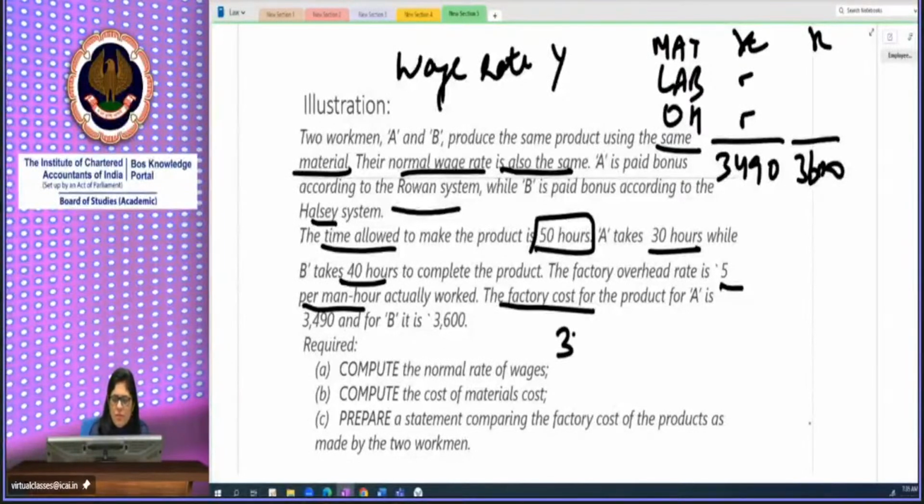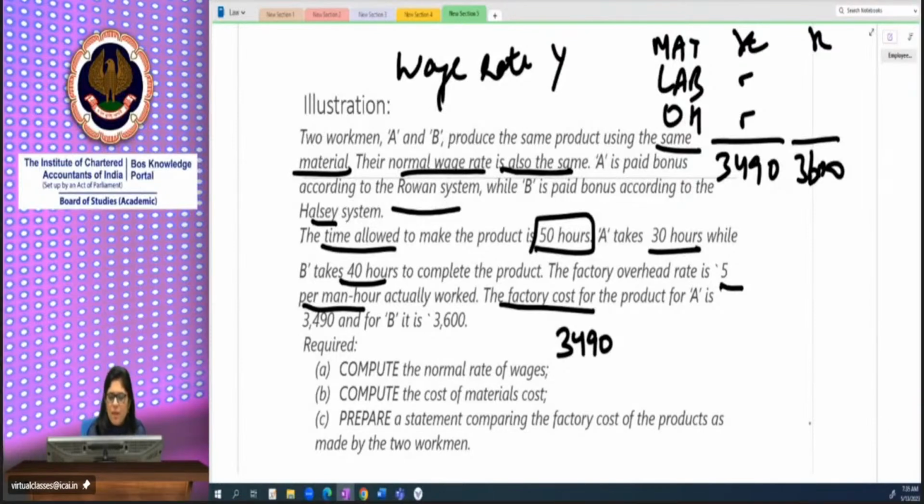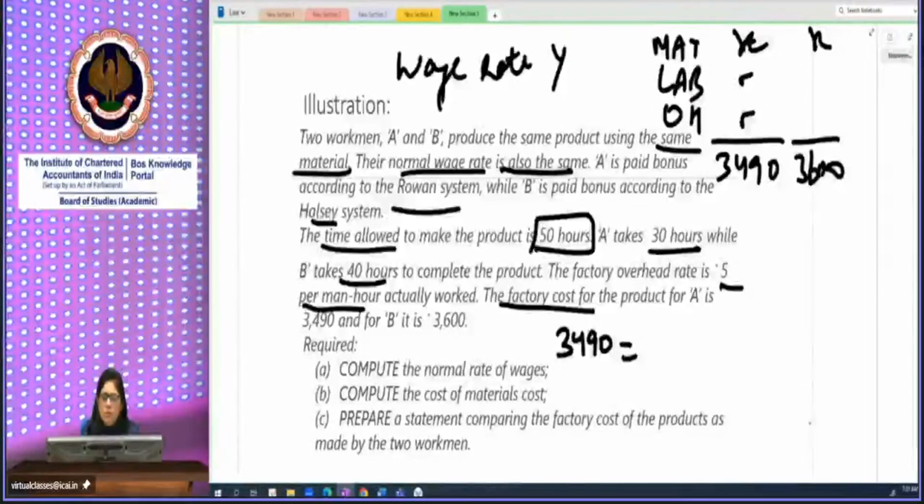So 3490 is the total for A. Now the total of factory cost is made up of material, labor, and overhead. Do we know material? No, we have assumed X. I'm doing it for A first; you will replicate the same for B. So material is X plus, let us find out now the wages plus the bonus.